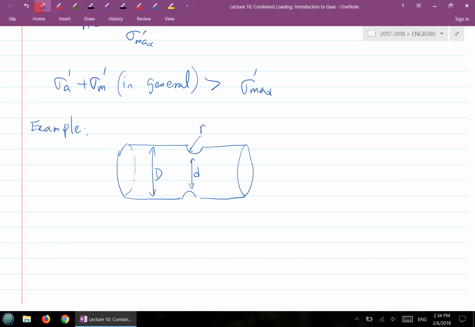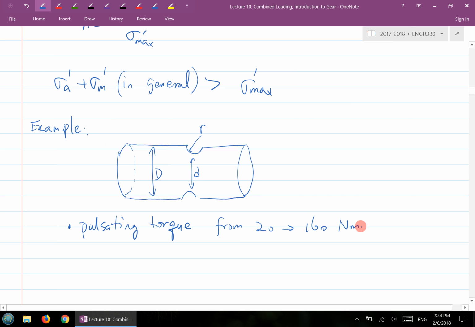So here's a loading condition. It has a pulsating torque, and the torque varies from 20 to 160 newton meter.